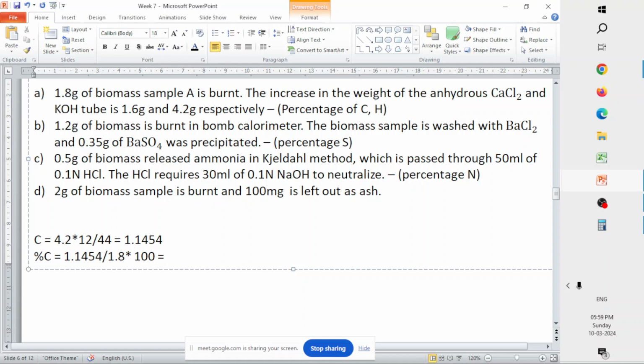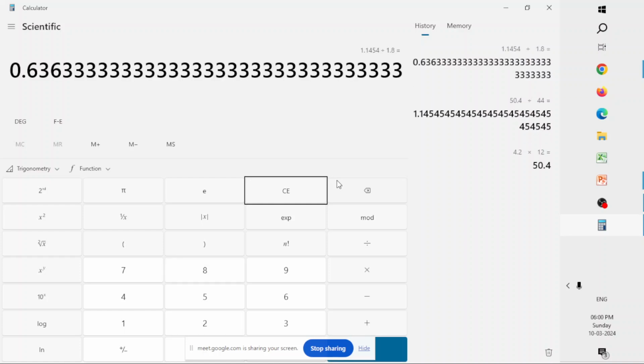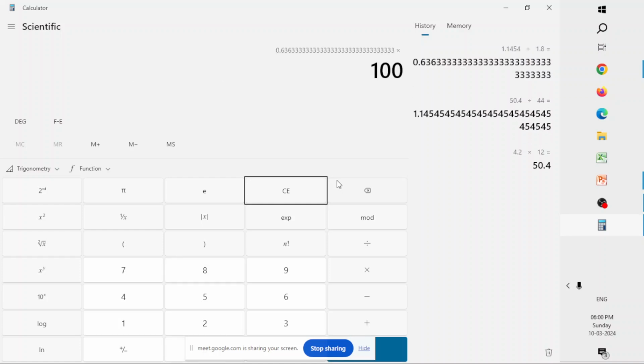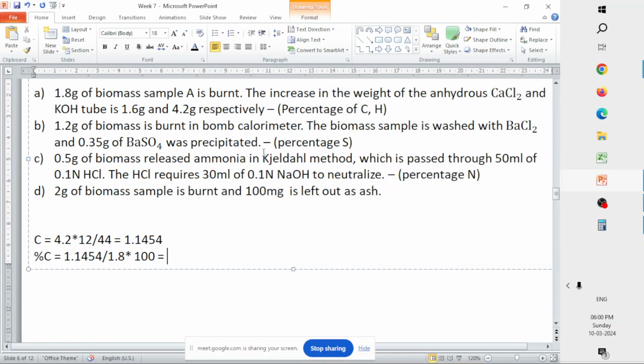The value will be 63.633%. This will be your percentage of carbon present in your biomass sample.